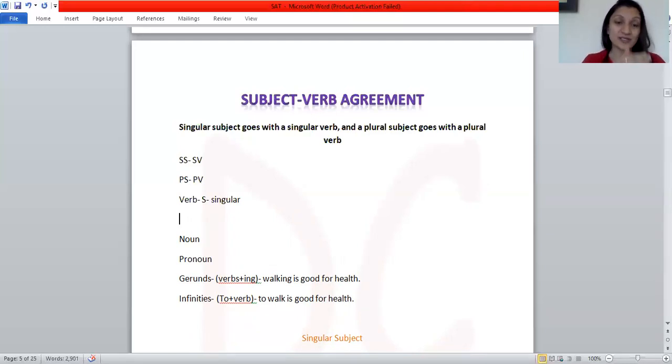You will keep on reading boys, girls, everywhere S, and then suddenly children, and then you might tend to forget that children itself is plural. So the verb that you're looking for is still plural, because a plural verb will require a plural subject. So you have to be very attentive while you do the test.